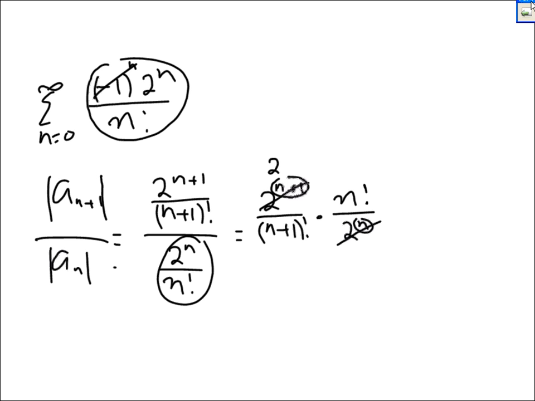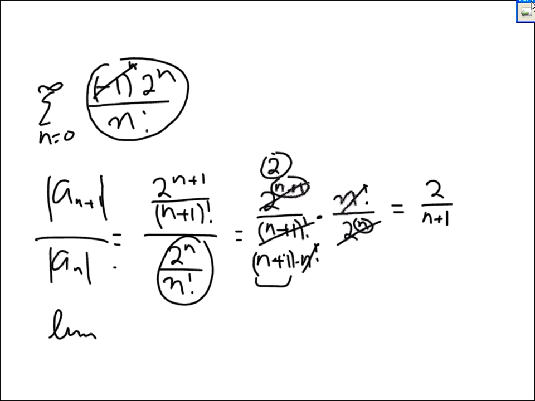And n plus 1 factorial is n plus 1 times n factorial. The n factorials cancel out, and what survives is 2 over n plus 1.